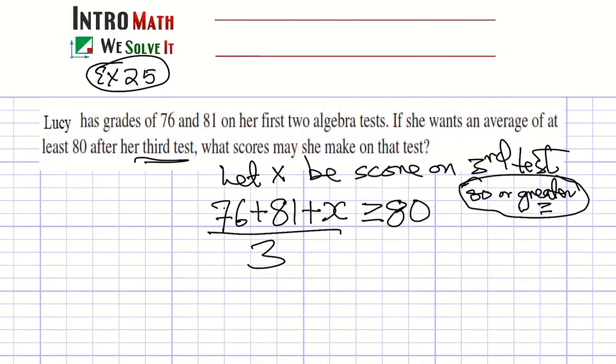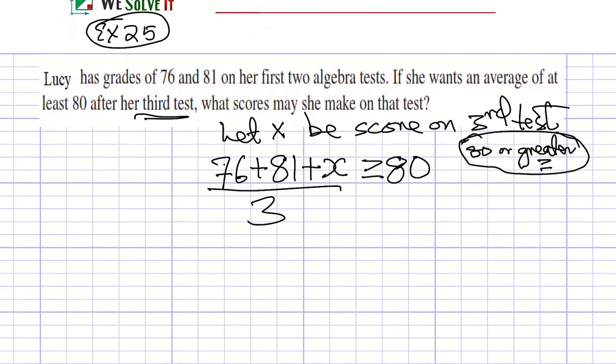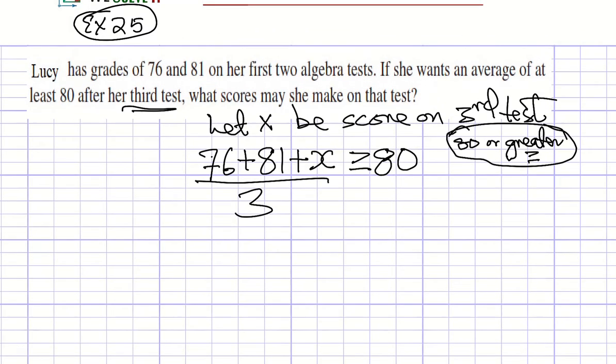Okay, don't forget we're looking for the average of the grade. So all that will be 76 plus 81 plus x over 3 greater than or equal to 80. Alright, let's solve that out. We'll do the same thing we did before. We'll multiply both sides by 3 to get rid of the 3 on the denominator.